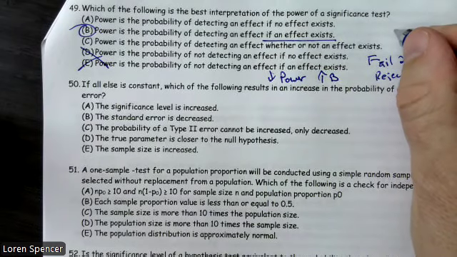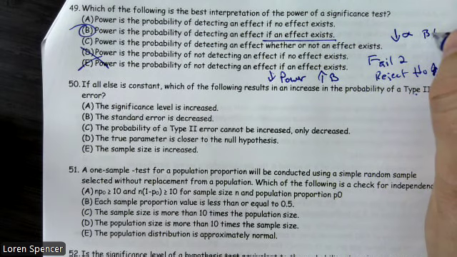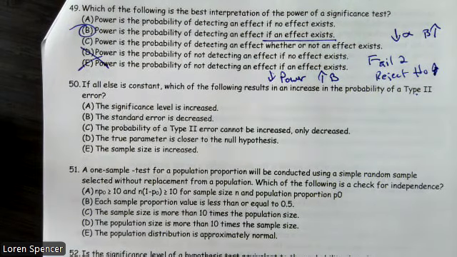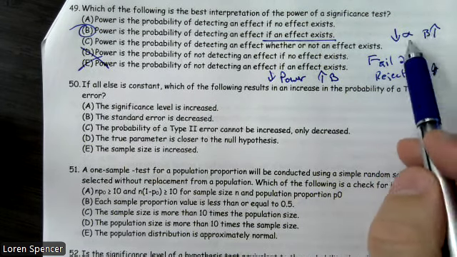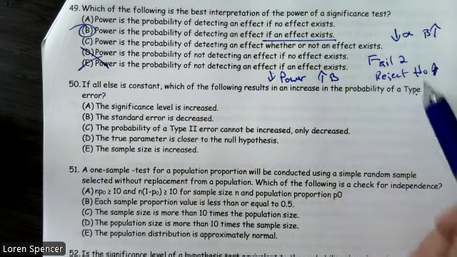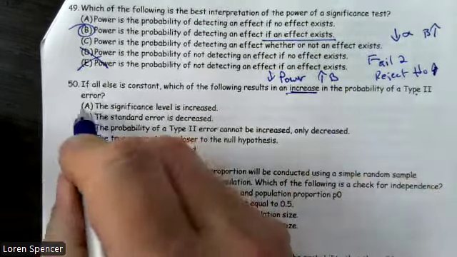Also, if alpha goes down, beta goes up. So if the significance level increases, no, they move opposite directions. That would drive it down. And we're looking to increase type 2.